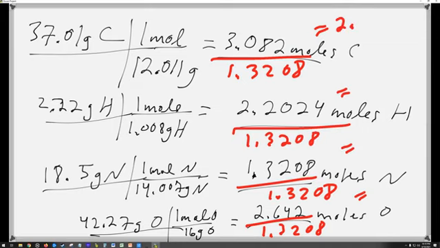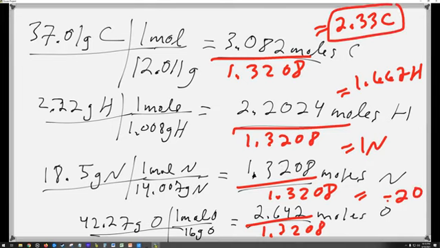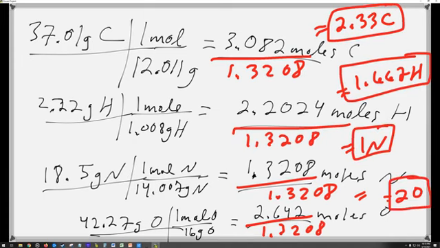We end up with 2.33 carbon atoms. We end up with 1.667 hydrogen atoms, 1 nitrogen atom, and 2 oxygen atoms. Okay, so we got 2.33 carbon, 1.67 hydrogen, 1 nitrogen, and 2 oxygens.